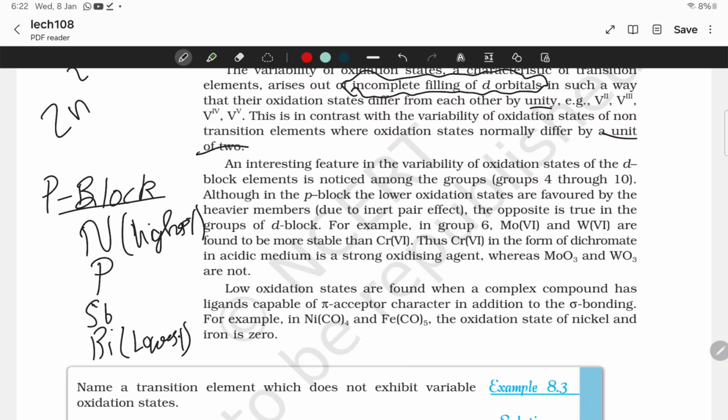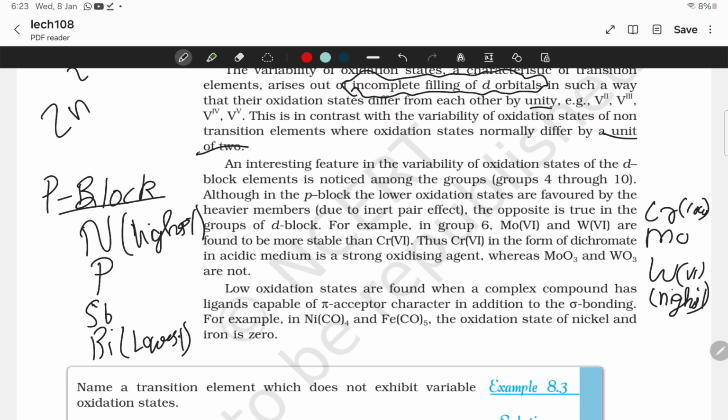But in the d block, chromium, molybdenum, tungsten: here chromium wants to show the lowest oxidation state, that is +2, and tungsten wants to show +6, the highest oxidation state, opposite to that of the p block.